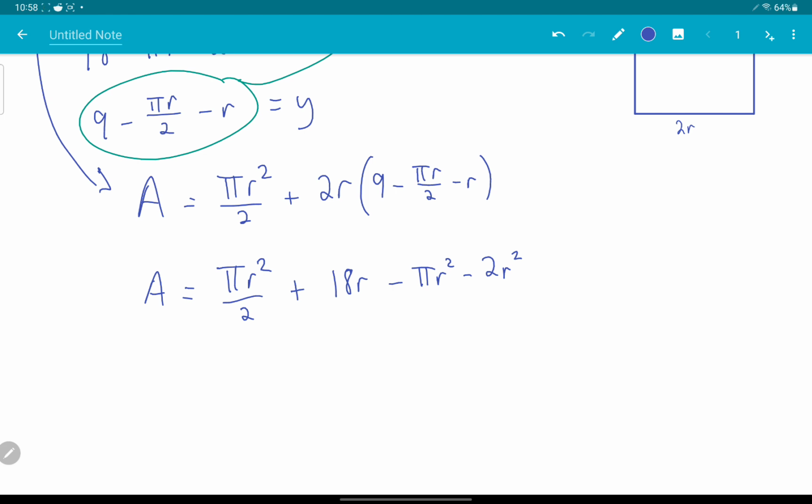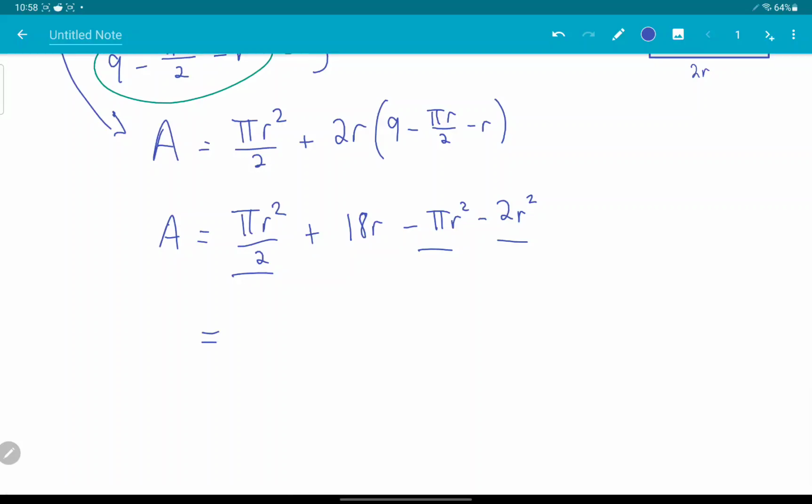I have this guy, and this guy. These are all r squared terms. So I get pi over 2 minus pi minus 2 times r squared. And then the 18r can sit on the end there.